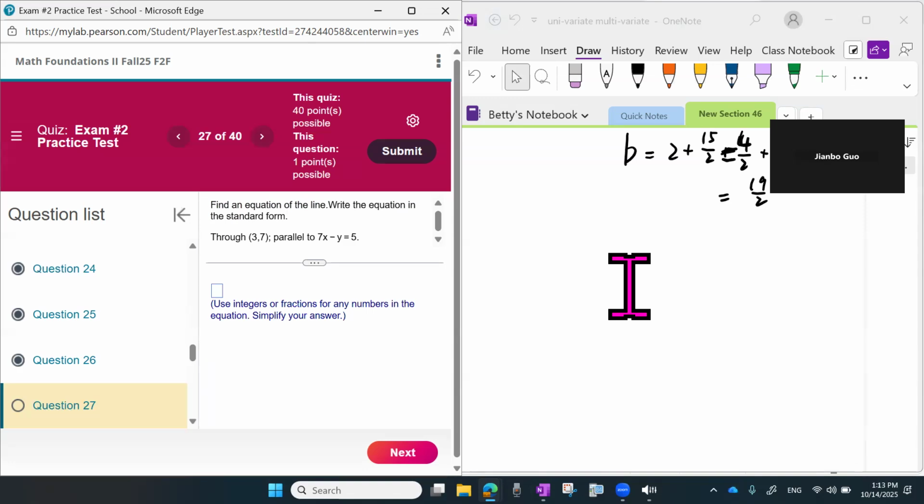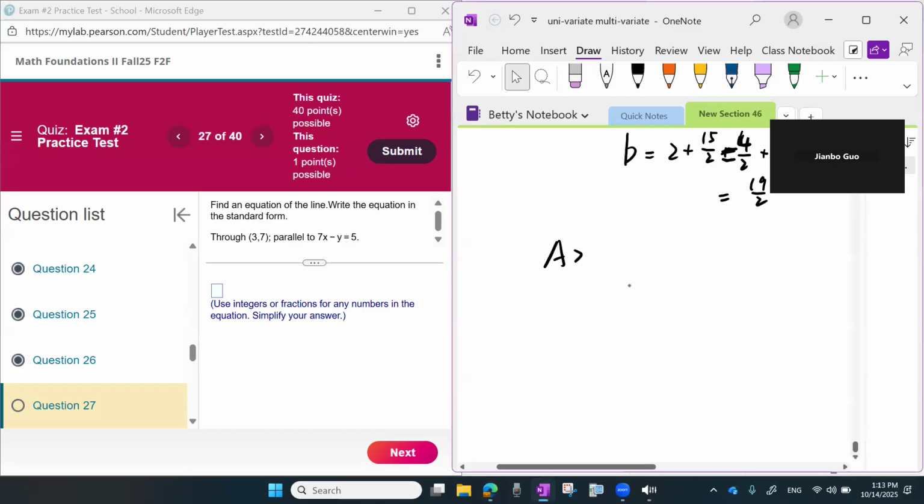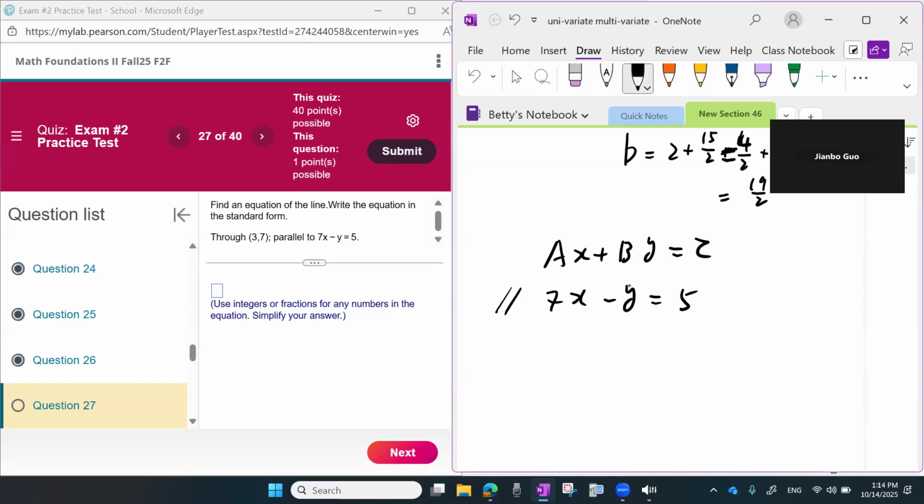Okay, since we are going to write the equation in a standard form, we are going to write the equation as ax plus by equals c. And the equation we are looking for is parallel to 7x minus y equals 5. Do you guys remember in a standard form, slope is negative a over b? So slope is determined by the left side of the equation. And since the two equations are parallel, they have the same slope.